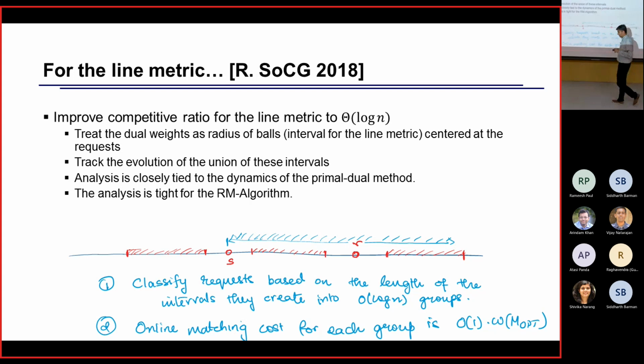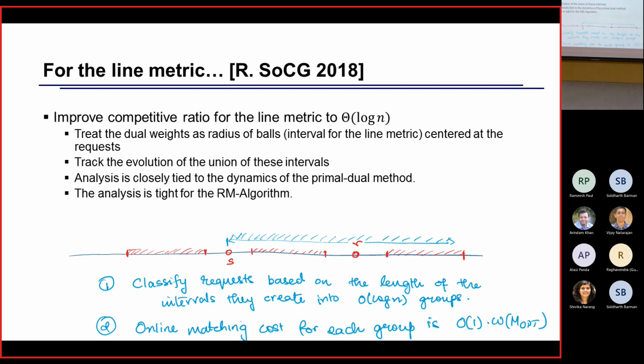So what we did is classify requests into log n groups based on the length of the intervals they create. And then we showed that in each group, the cost of the online edges for that group is a constant times optimal. So since there are log n groups, we were able to prove the competitive ratio to be log n.